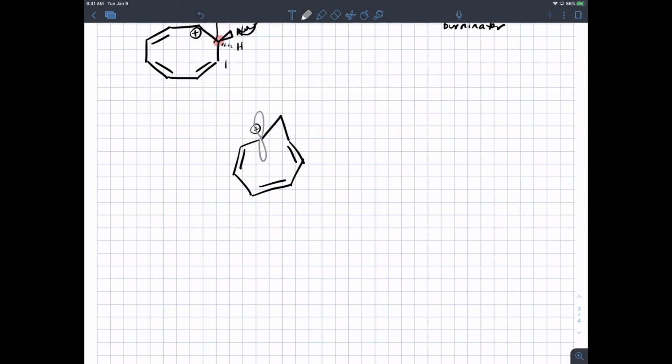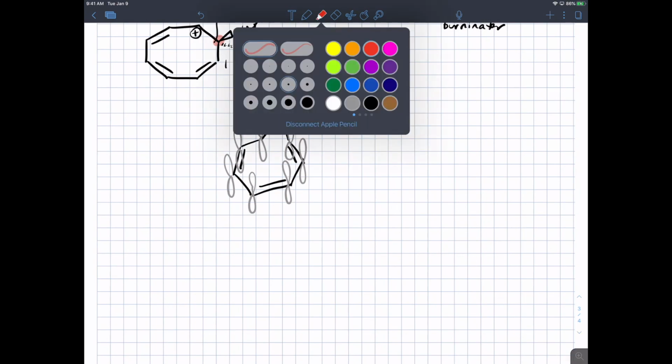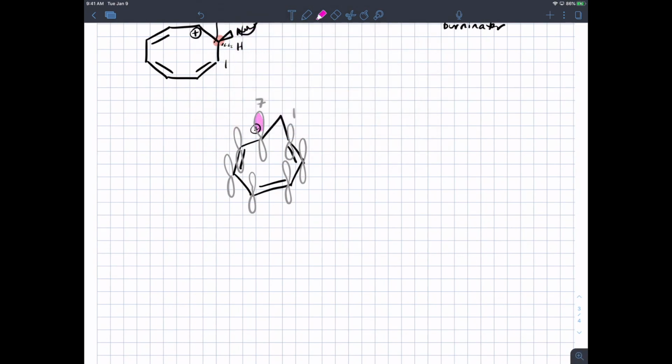So imagine now, I mean, it's clearly conjugated. It's just not fully conjugated. But if you can get carbons 1 and 7 close enough to each other, you can actually see indications for aromaticity.